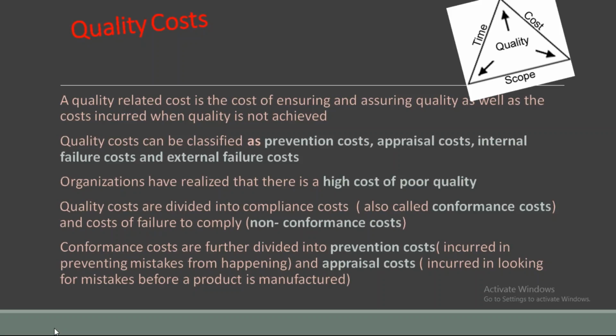So that's what we call prevention cost. Basically, it's a kind of cost we call conformance. We incur that cost to conform to the quality requirement.